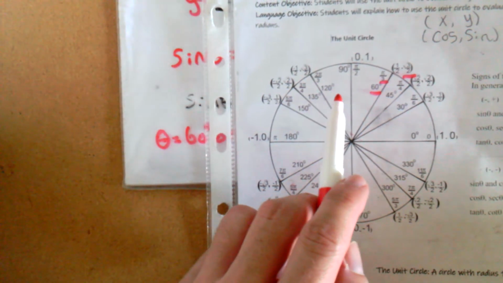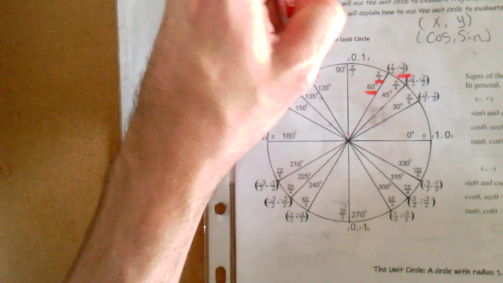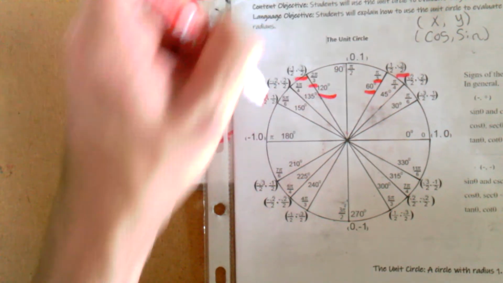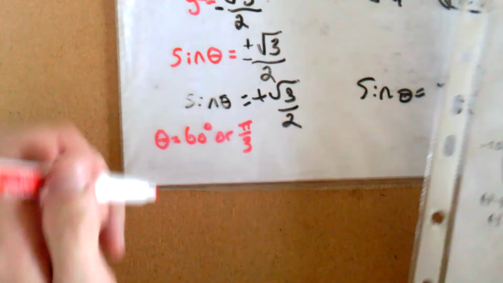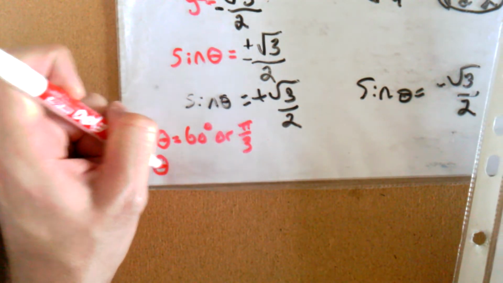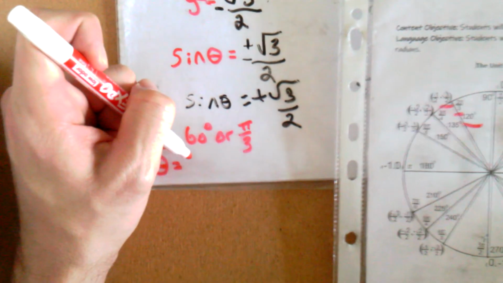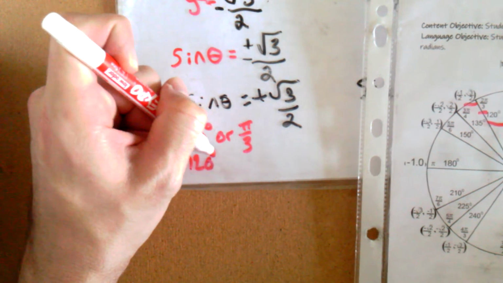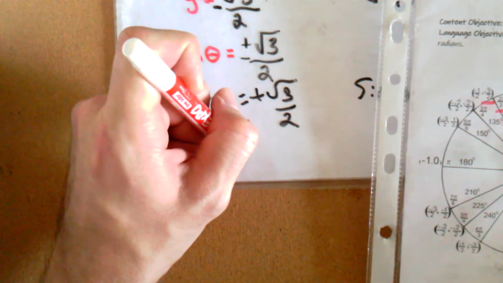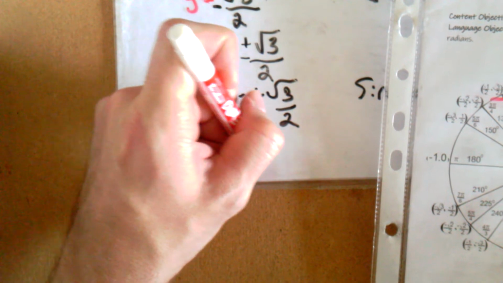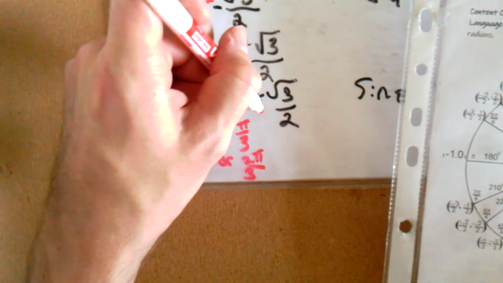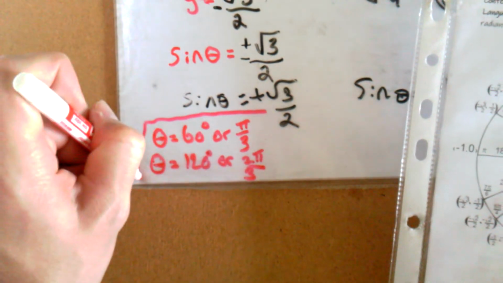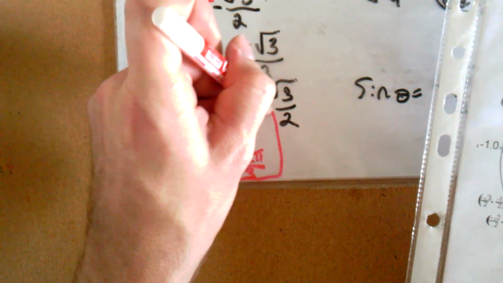But also notice that sine is positive square root of 3 over 2 right here at 120 degrees or 2 pi over 3 radians. So angle theta can also be 120 degrees or 2 pi over 3 radians. So we have two answers where sine can be positive square root of 3 over 2.